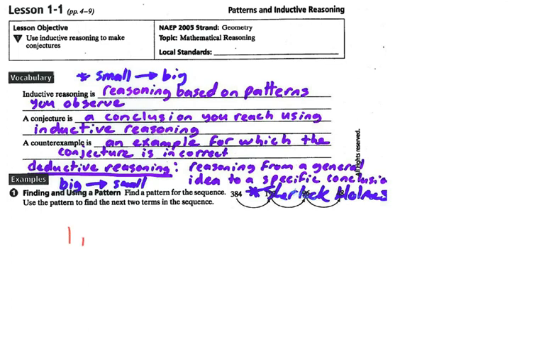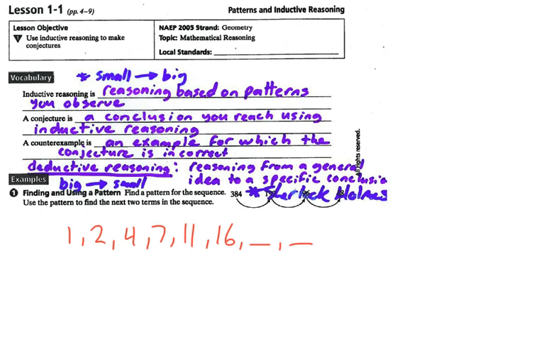Let's say it's 1, 2, 4, 7, 11, and 16. If we want to make a judgment on what the next number is going to be, we're simply going to call that a conjecture. So a conjecture is a conclusion you reach using inductive reasoning. And we did talk about how we're not 100% sure, but we're pretty sure.